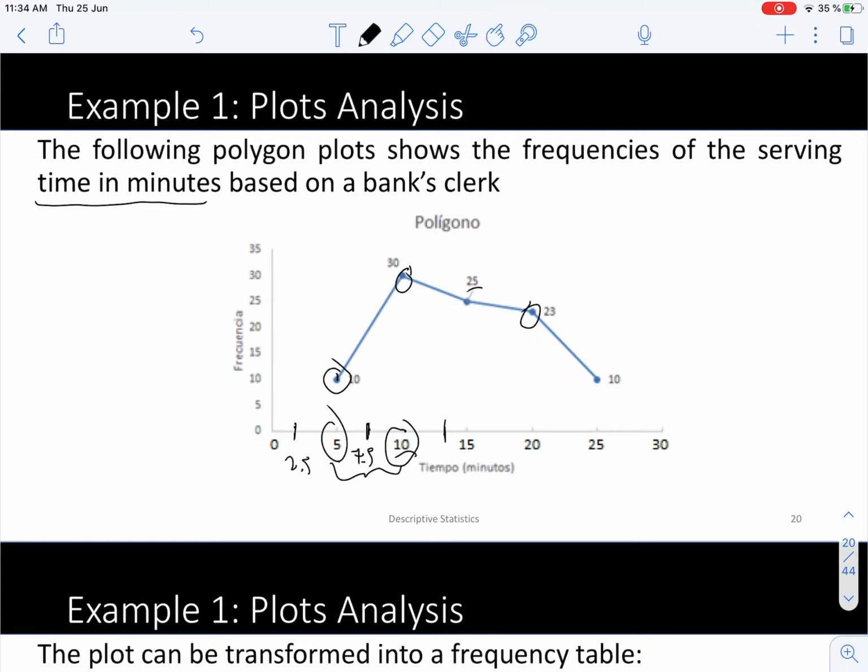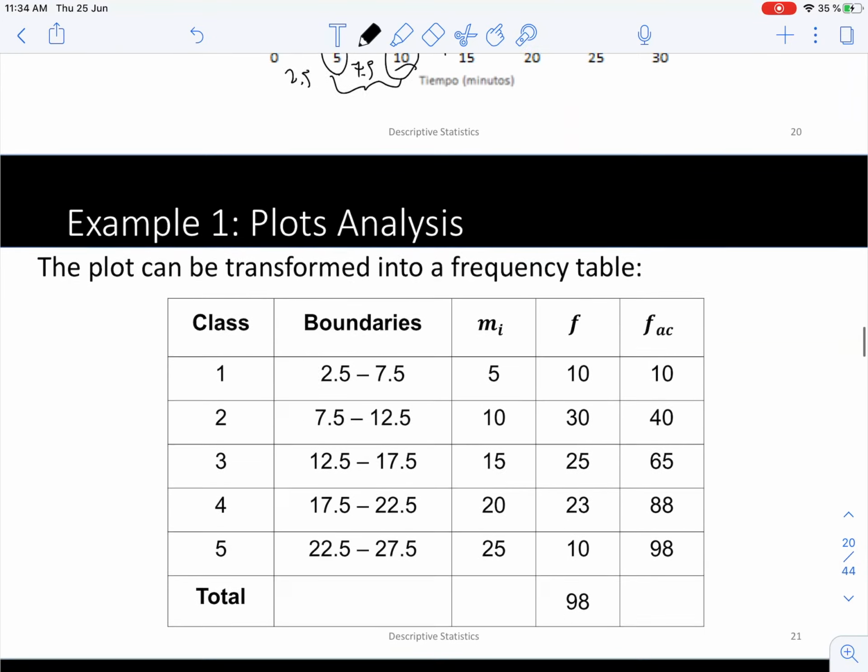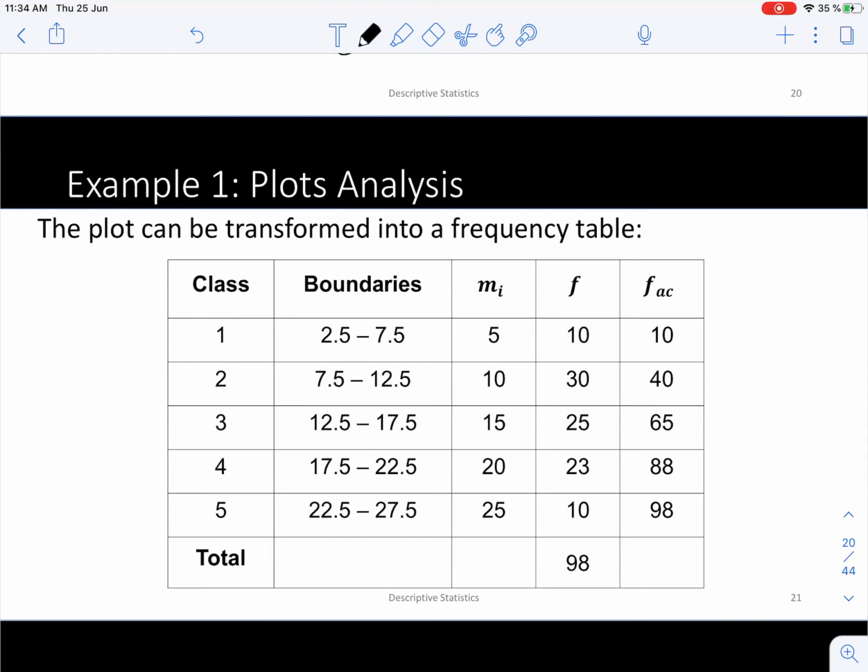The class marks are the midpoints, and they are already given: 5, 10, 15, 20. So we know pretty much all the information required to build the frequency table. Here we have the boundaries, class marks, frequencies, and cumulative frequency. The cumulative frequencies are useful, especially when you are looking for a specific position in your table.